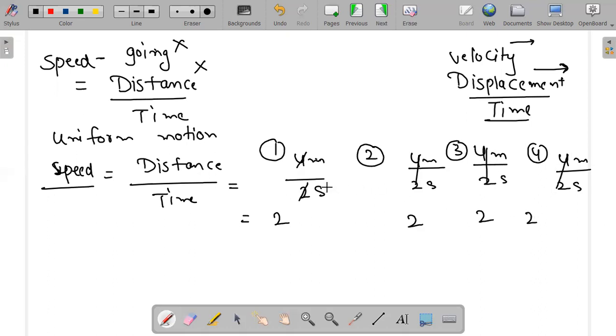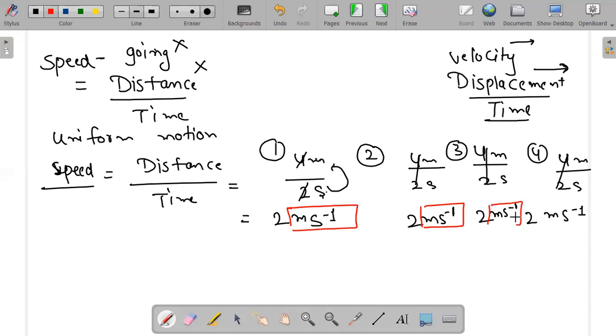When I move this second from denominator to numerator, I'm not changing meter, but I'm replacing second. So it will be meter per second: 2 meter per second, and again 2 meter per second. This meter per second is the unit of speed or velocity as well.